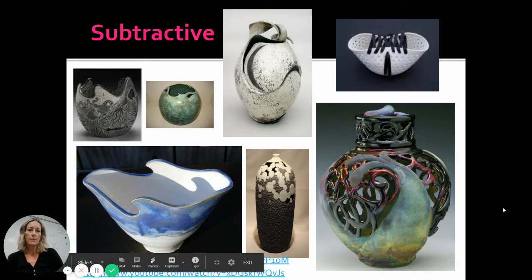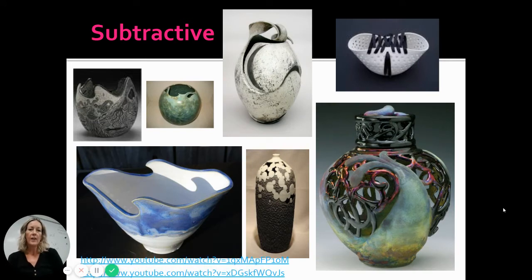So starting with subtractive, what we have here is basically objects and vessels that were thrown on the wheel, and then in the leather hard state, they were cut into and parts of the pieces are removed. So that is the subtractive method of throw and alter.